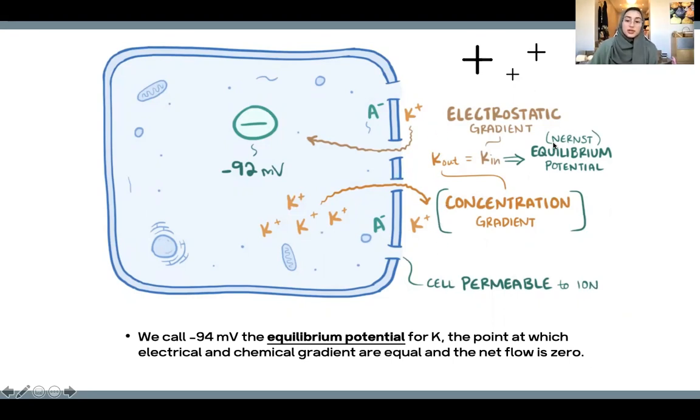Similarly, your electrostatic gradient is what's going to create your electrical driving force. Okay, so if you have a lot of positivity and negativity, that creates an electrical driving force for the potassium ion to go back in. So the gradient creates the force.